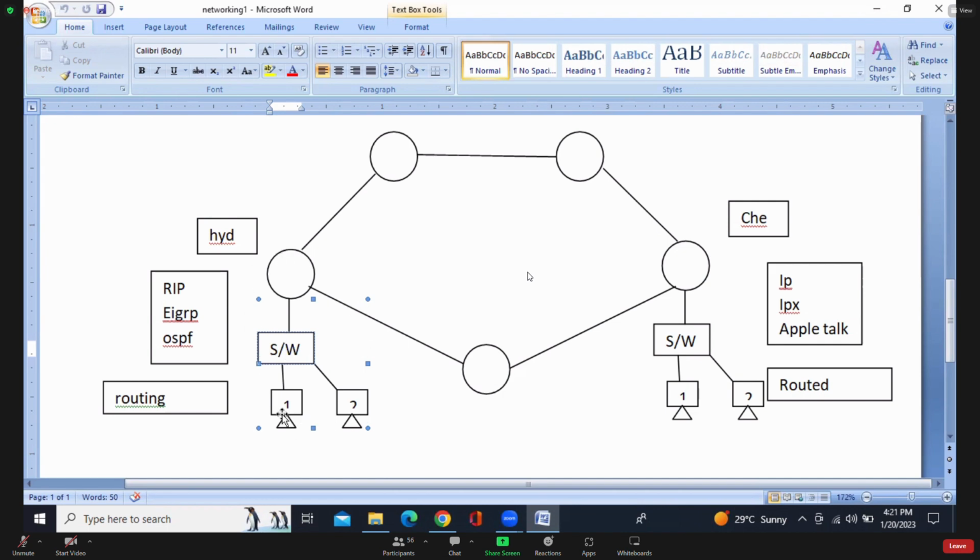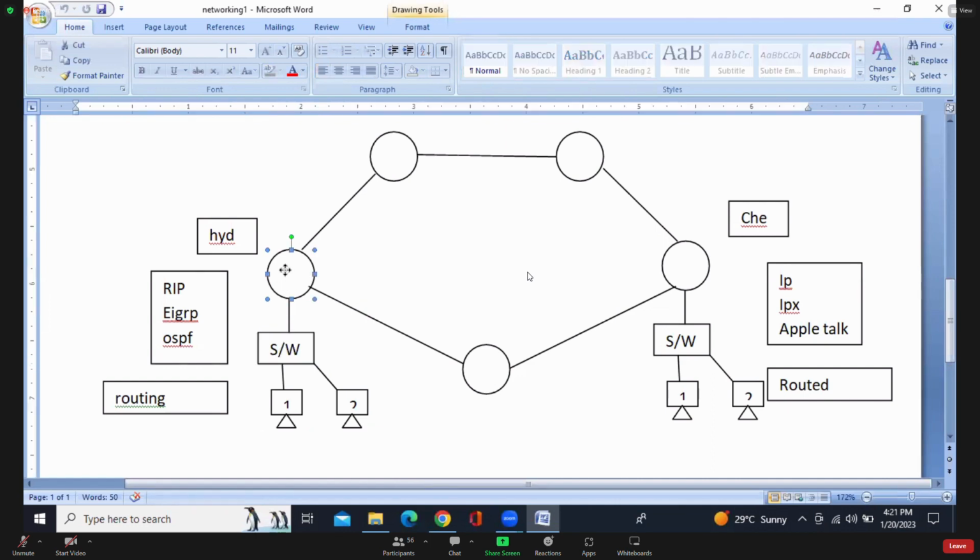This is in total one network in our organization. And this is another network in the Chennai branch, right? Now machine 1 from Hyderabad tries to send data to machine 1 in Chennai. Got it, guys. Machine 1 tries to send the data to the switch. The switch is going to transfer the data to the router. This router will decide the best path to reach the destination.